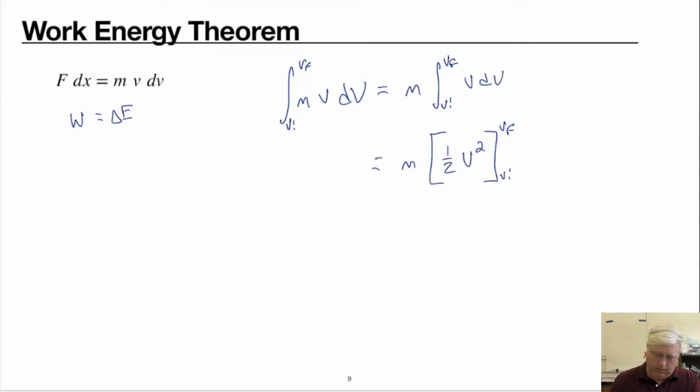What that ends up being is 1/2 m v final squared minus 1/2 m v initial squared, or just 1/2 m delta v squared.